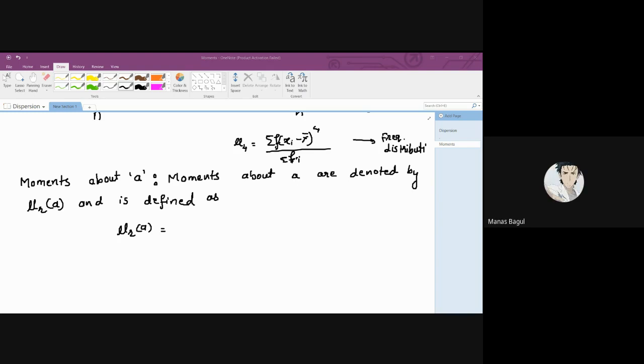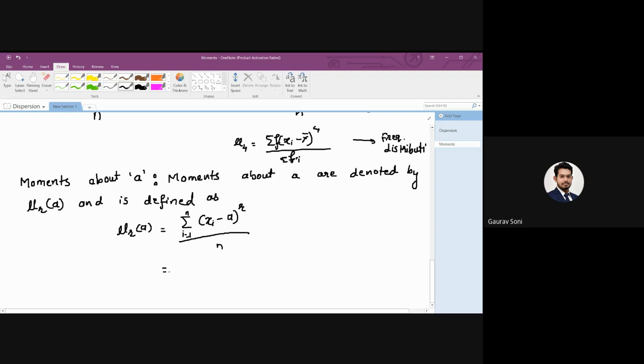Summation (xi minus A) raised to r. Yes, exactly. So for the raw data, summation (xi minus A) raised to r, i running from 1 to n, divided by n.